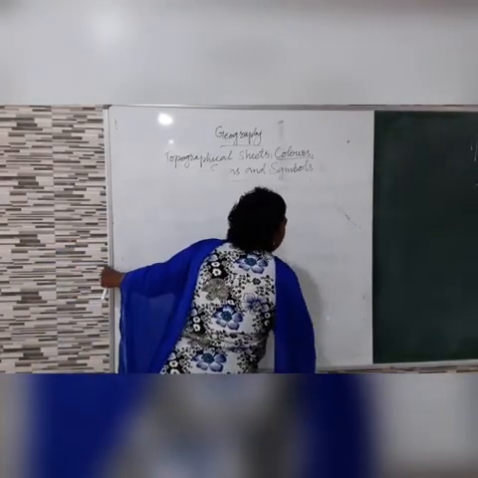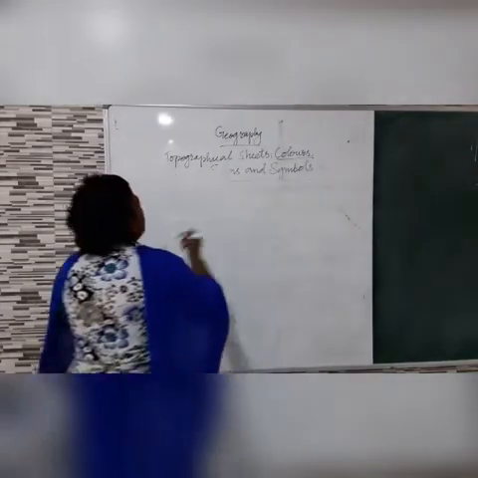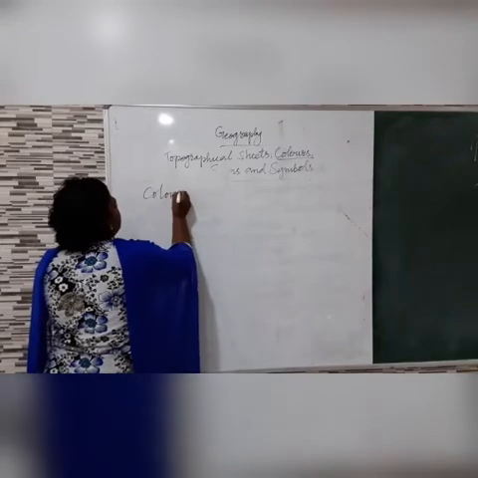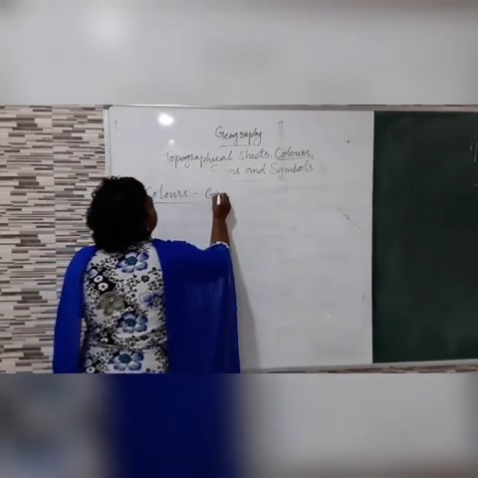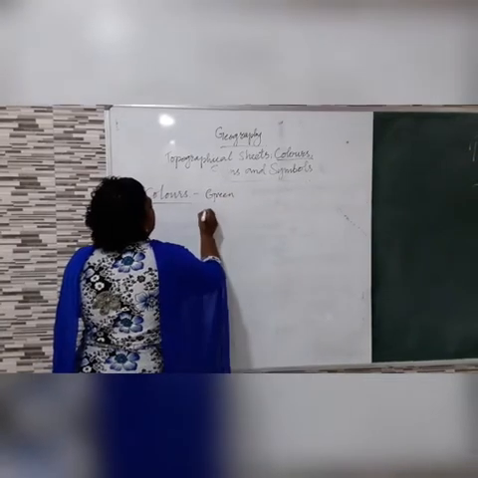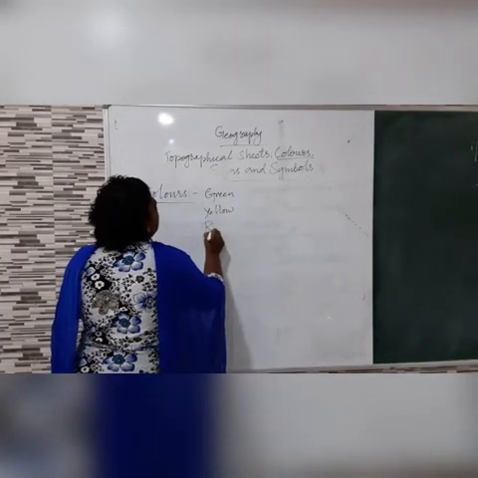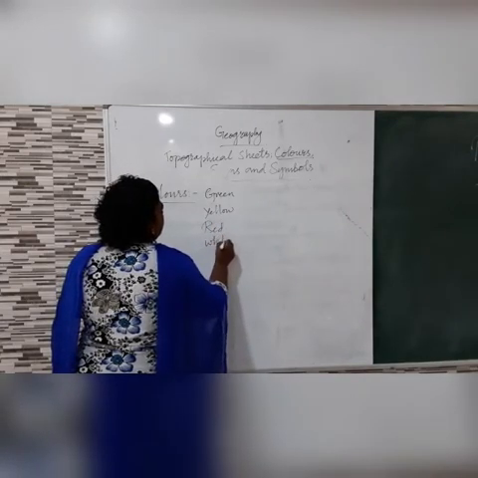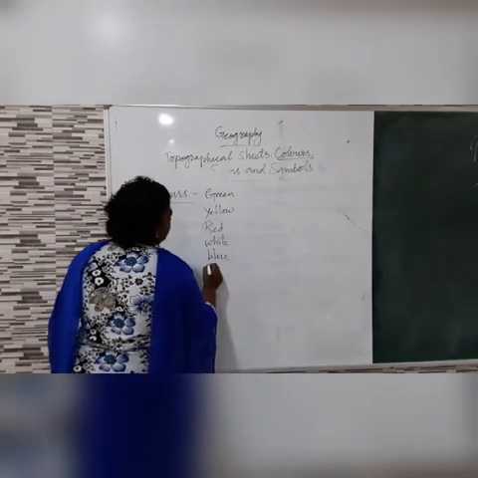Some of the colors used in the topographical sheets are green, yellow, red, white, and blue, also black.